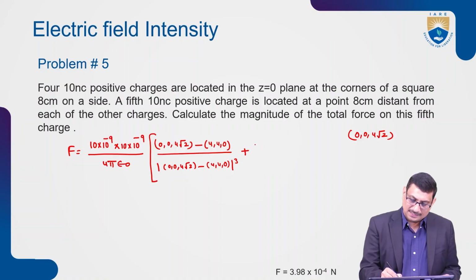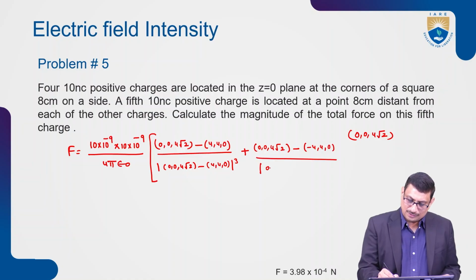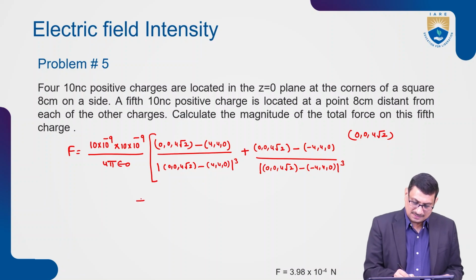Therefore, the next one is 0, 0, 4 root 2 minus -4, 4, 0, divided by the magnitude of (0, 0, 4 root 2 minus -4, 4, 0) whole cube, plus the other two.